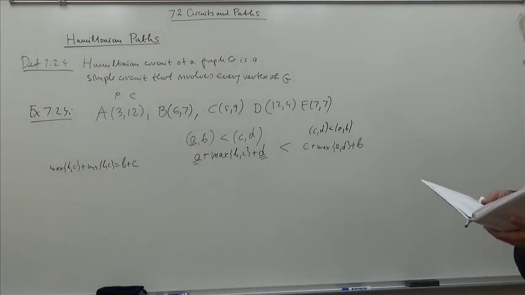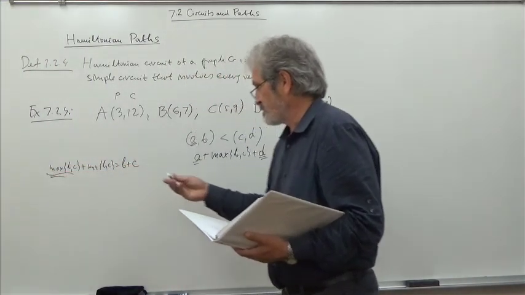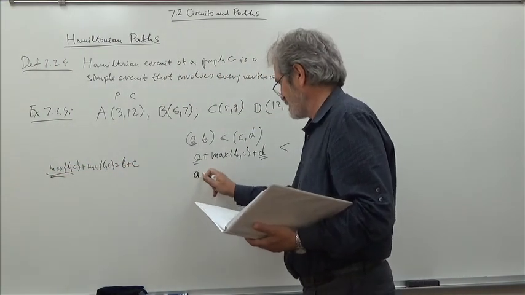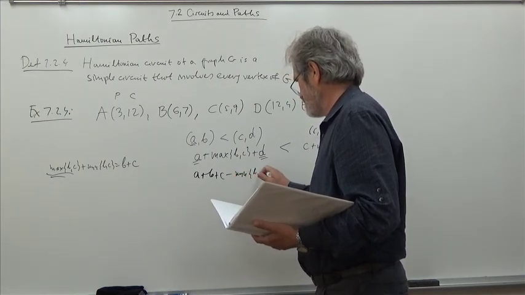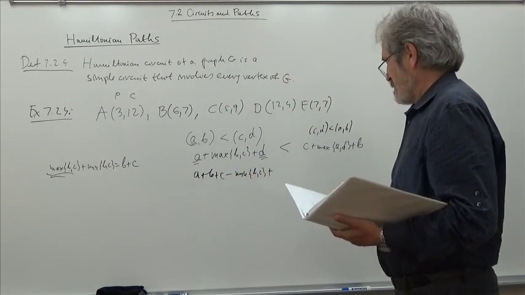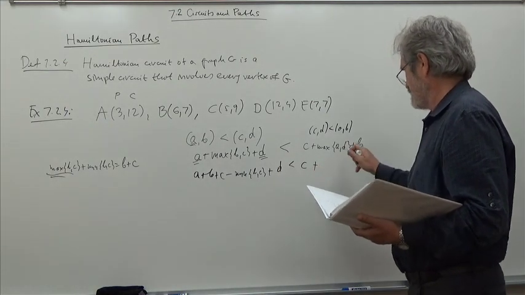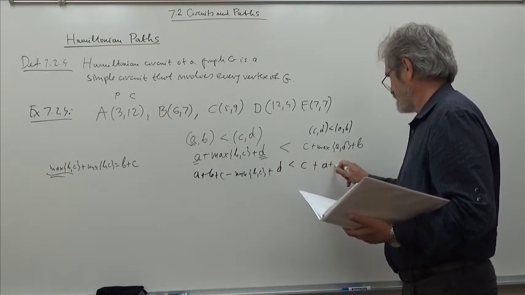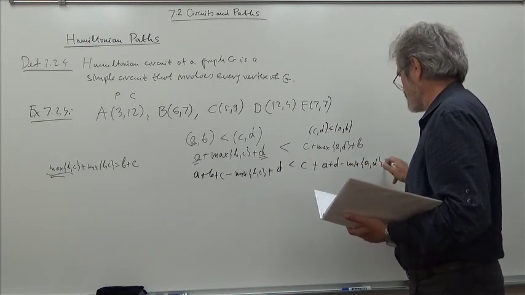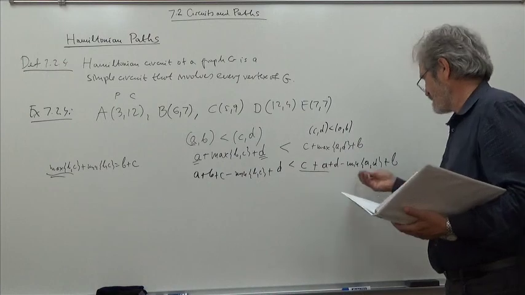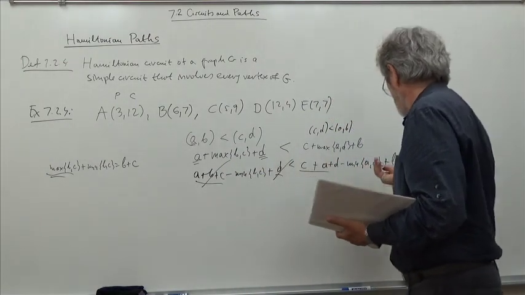So generally we can replace max with B plus C minus min. So I get the following: A plus B plus C minus min BC plus D should be less than C plus A plus D minus min AD, for the same reason, plus B. Now A, B, C and D are everywhere, so they cancel each other out.